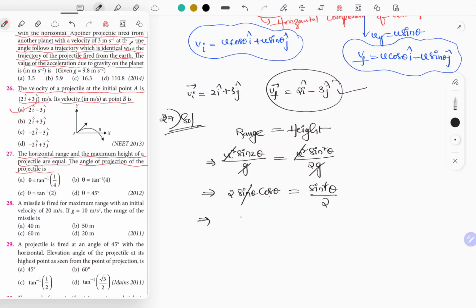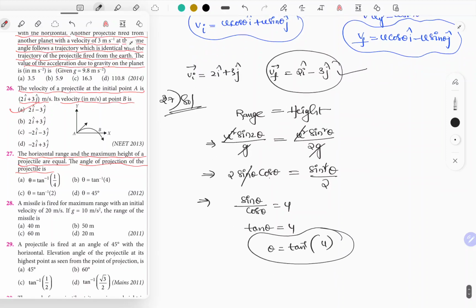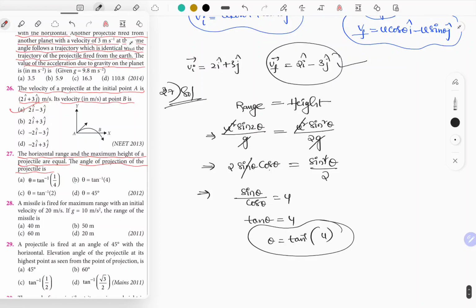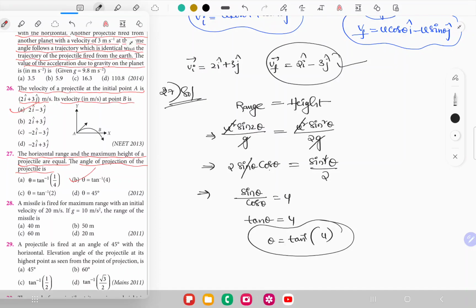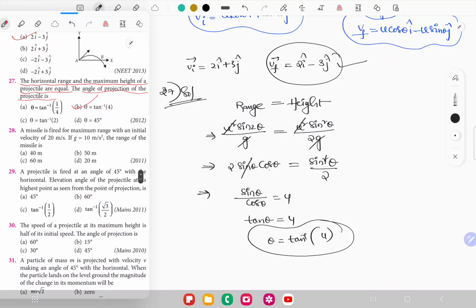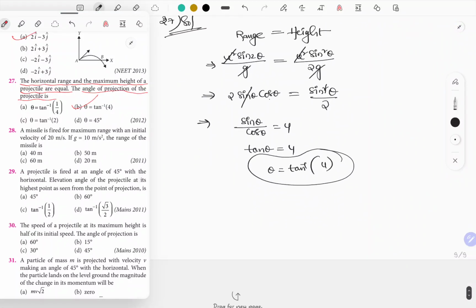Sending this cos theta to the right side, it will become sine theta by cos theta is equal to 4, and tan theta is equal to 4, and theta is equal to tan inverse of 4 is the answer. If the range is equal to the height of the projectile, the answer is theta is equal to tan inverse of 4.